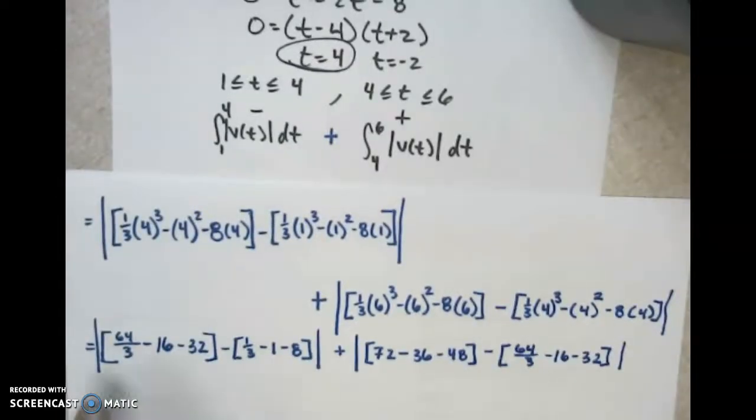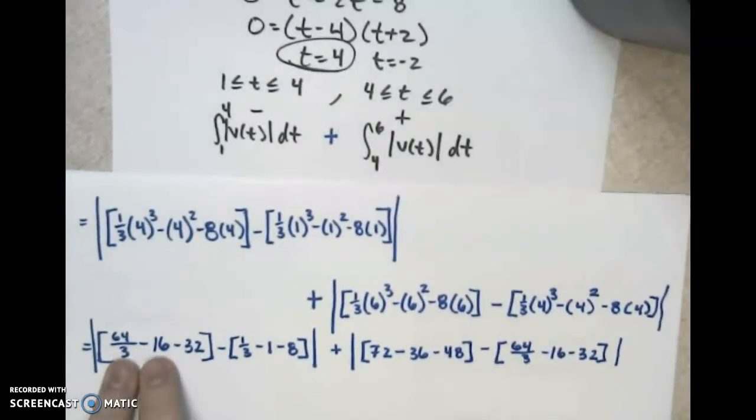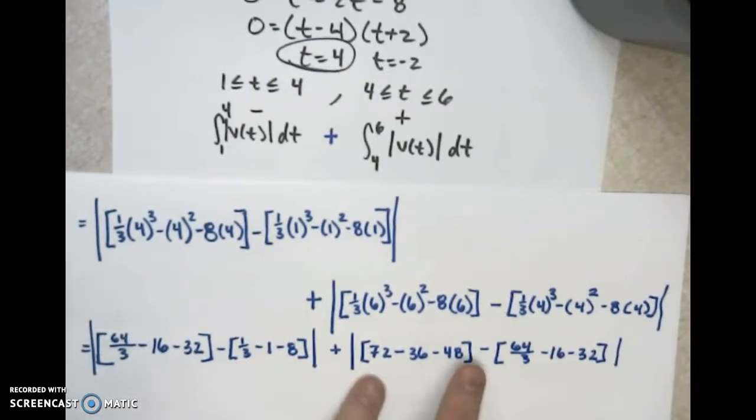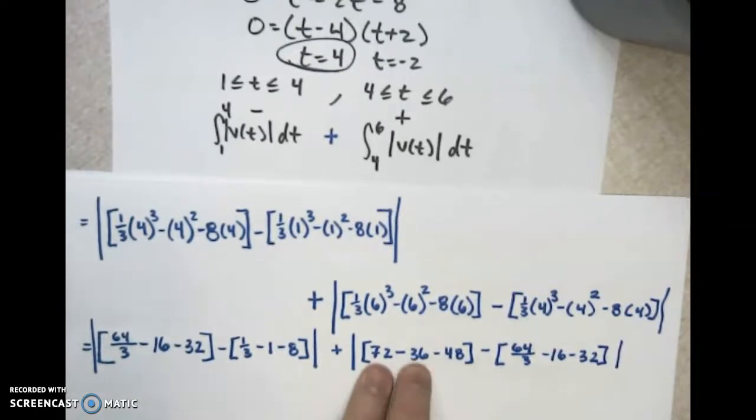So for 4, I'm getting 64/3 minus 16 minus 32. For the 1, I'm getting 1/3 minus 1 minus 8, and we've done this earlier in part A. For 6, I'm getting 72 minus 36 minus 48, which we also did earlier in part A. And then for 4, same as before, I'm getting 64/3 minus 16 minus 32.